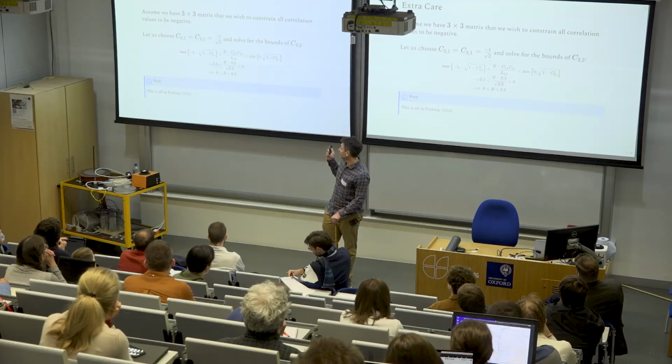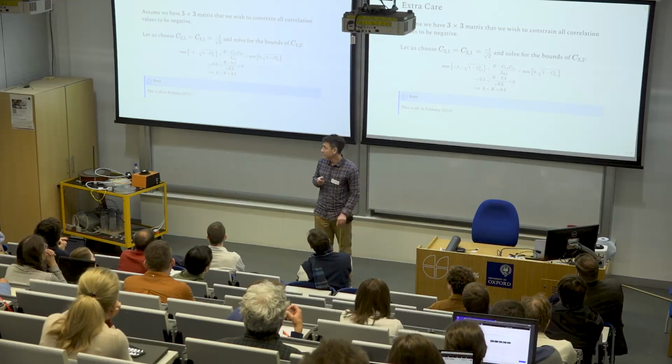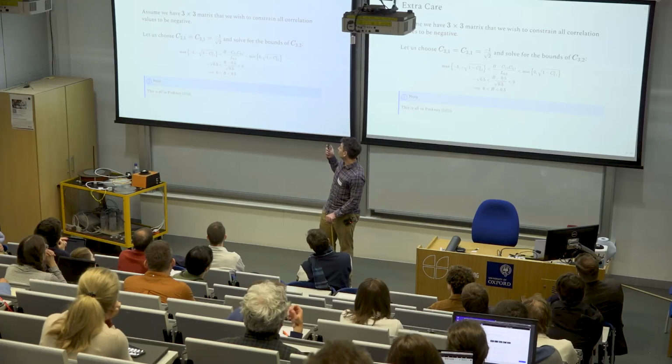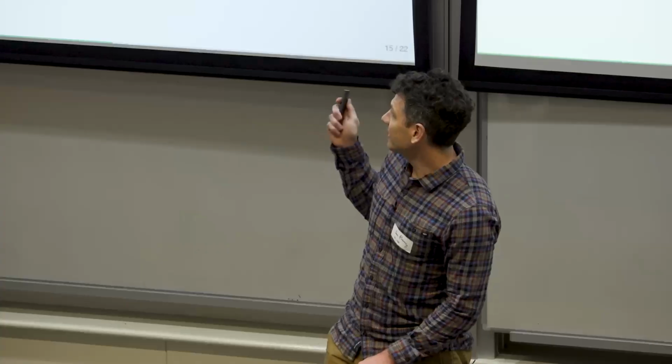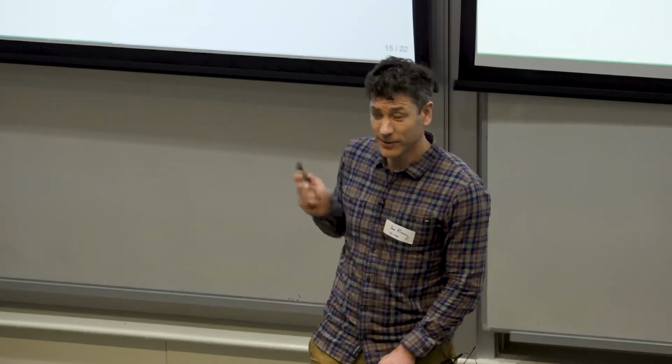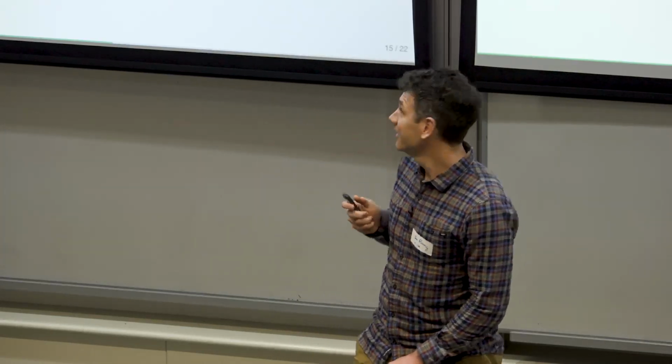This is just a very small example. If we have a 3 by 3 matrix, and we want all negative correlations, let's say, and we set C21 and C31 to a valid value, right? Negative 1 over the square root of 2. There's a specific reason for that. And we solve for the bounds.